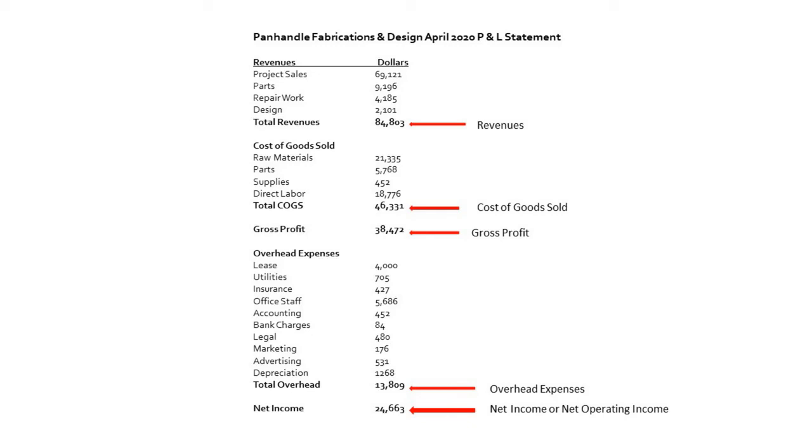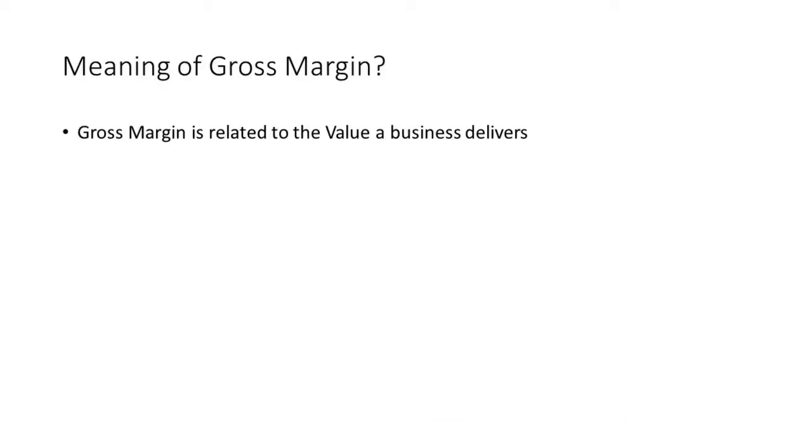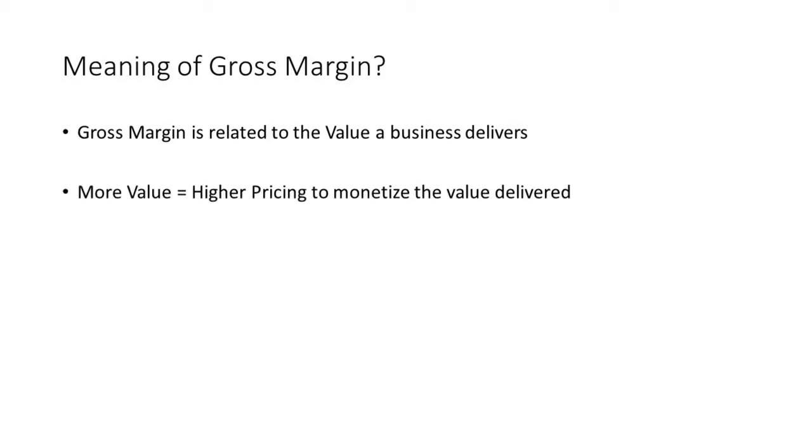Now let's say a little bit more about gross profit, or gross margin. Gross margin is related to the value which a business delivers to its customers. The more value that we deliver to our customers, the greater is our potential for higher pricing to monetize the value that we're delivering.